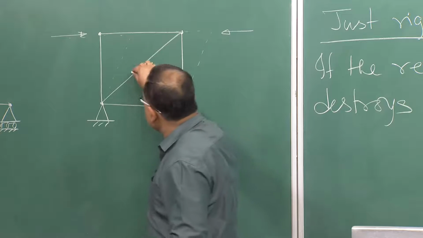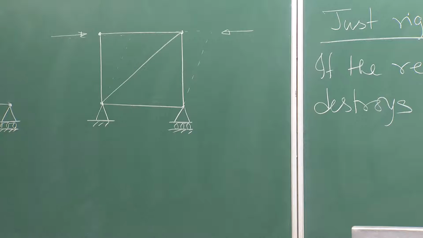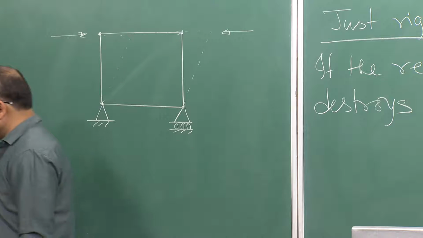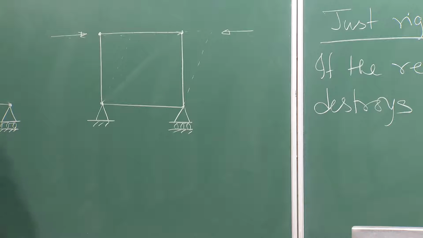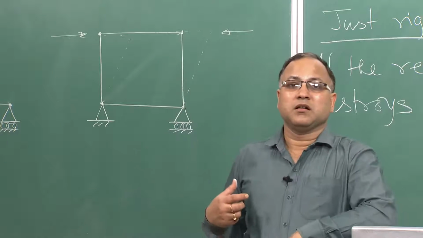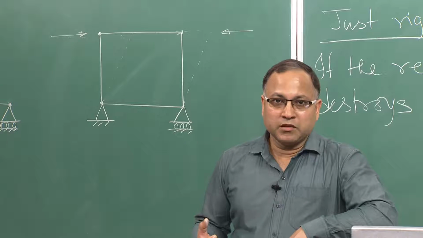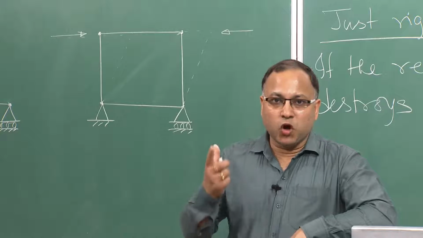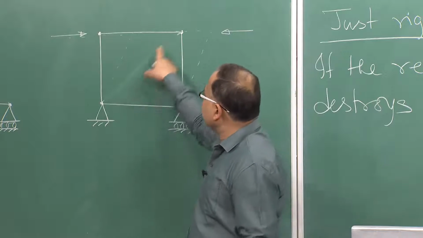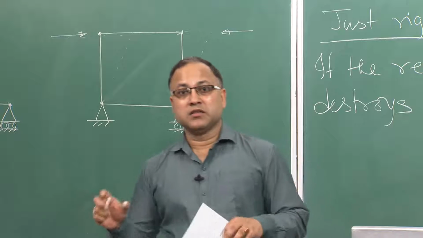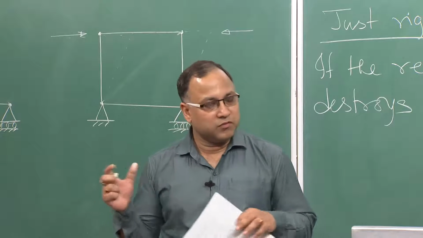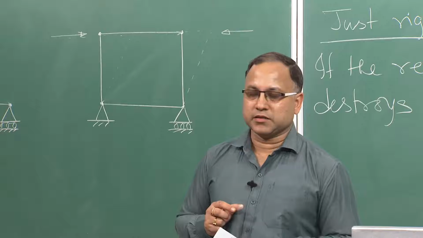Immediately you remove this member, as it was there earlier, the stability gets disturbed and it becomes unstable. So, rigidity is disturbed by removing only one member. That structure was a just rigid structure, and after removal, your rigidity gets disturbed.